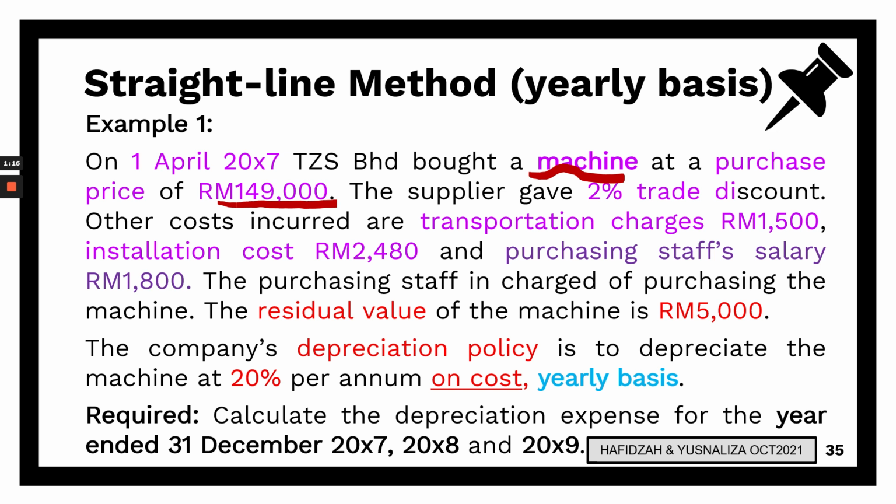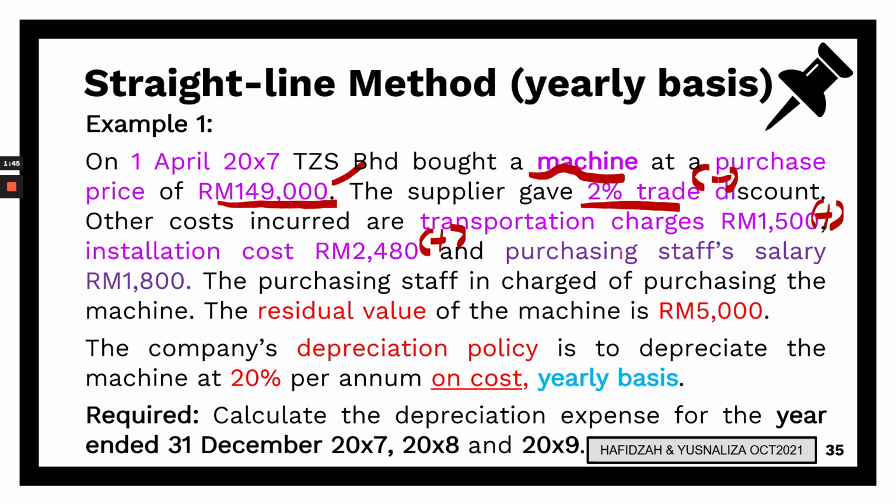So this will be part of the initial cost. The trade discount is given, so it will be deducted from the initial cost. This will be added, and then you are also given a transportation cost that will be added to the initial cost, and the installation cost, which is necessary to install the machine. This is to prepare it for its intended working condition, so this will be added.